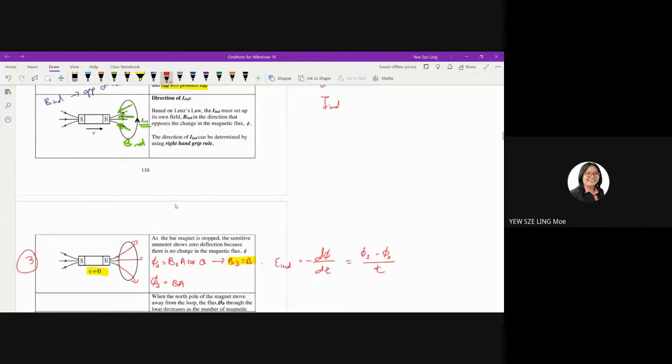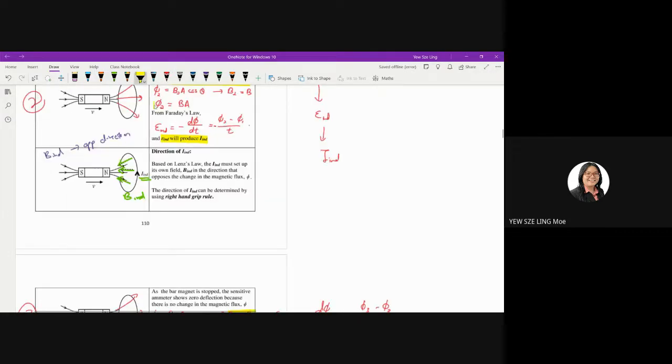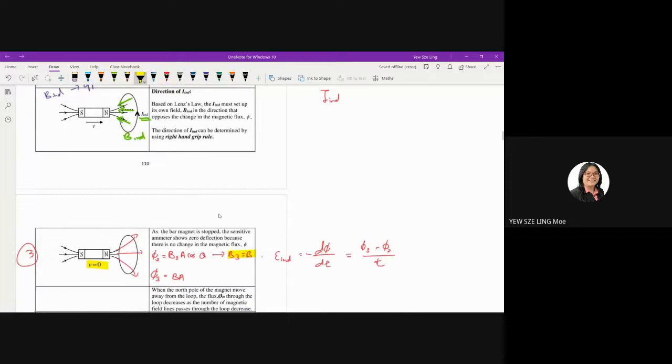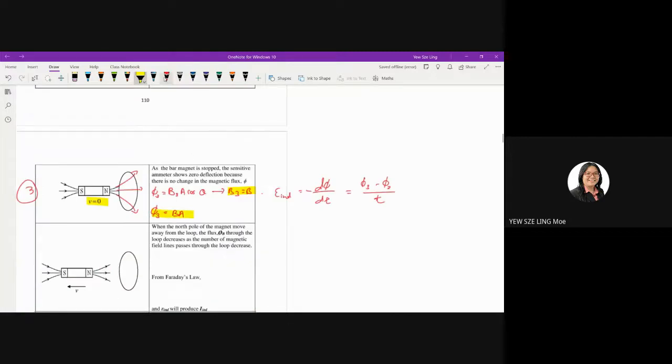Flux number 2 just now I obtained BA. Flux number 3, I also got BA because it stopped, it's not moving. So BA minus BA over T, which gives you 0.